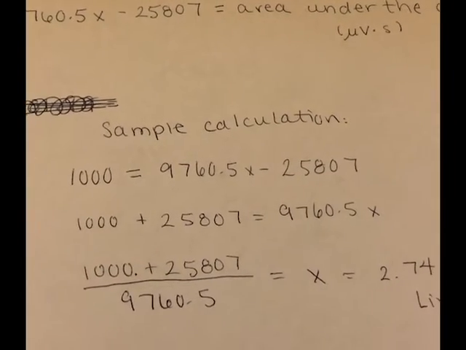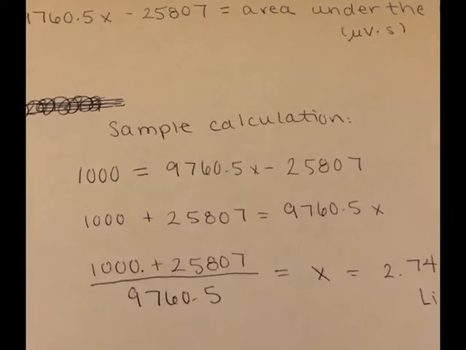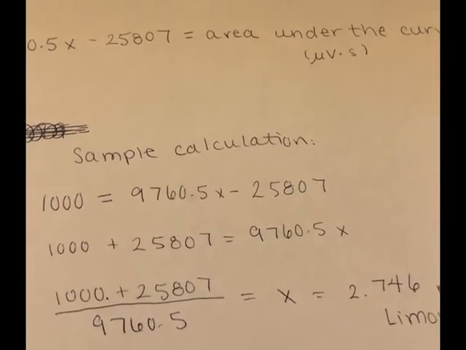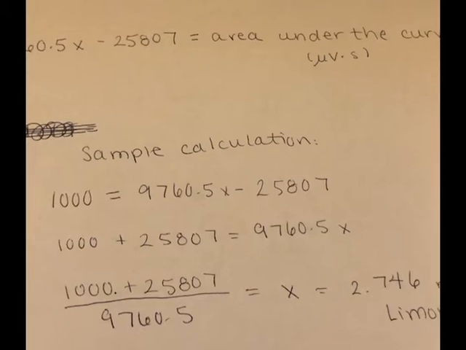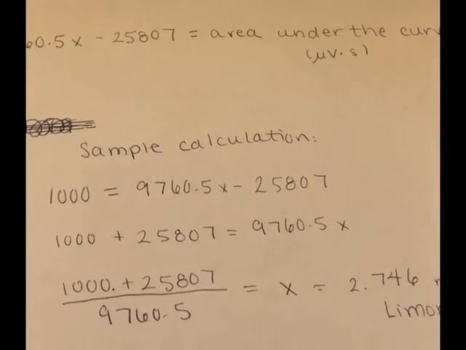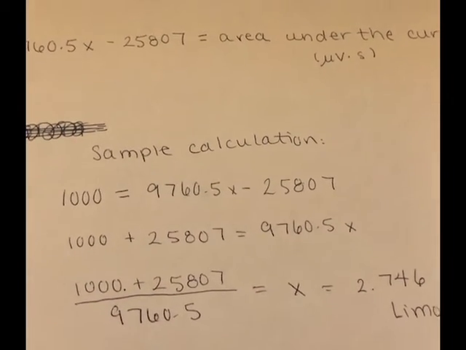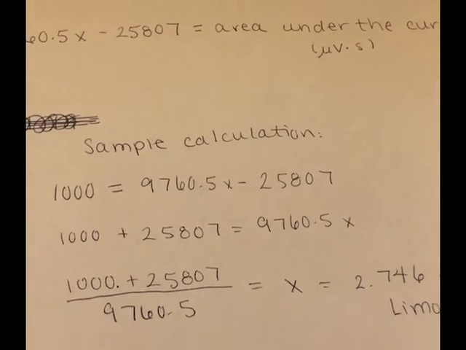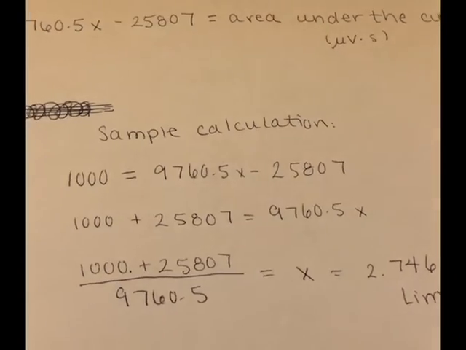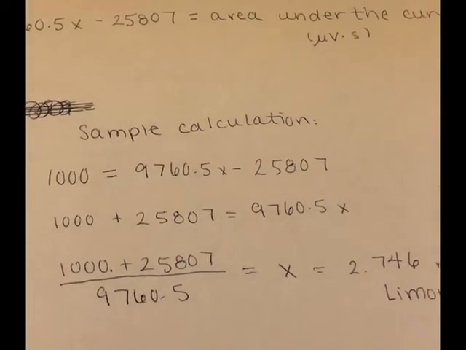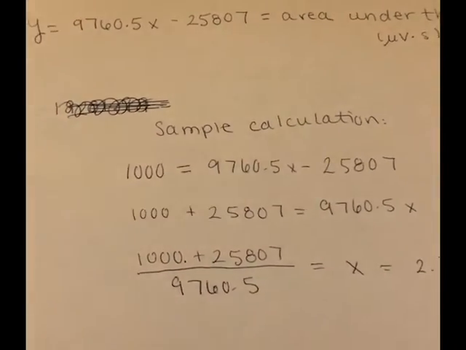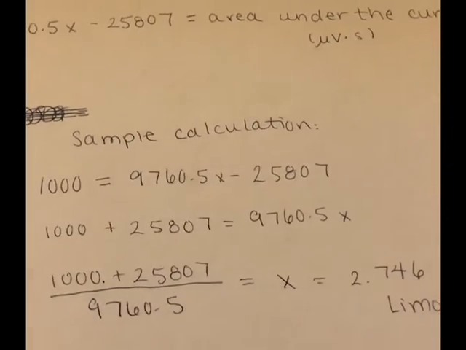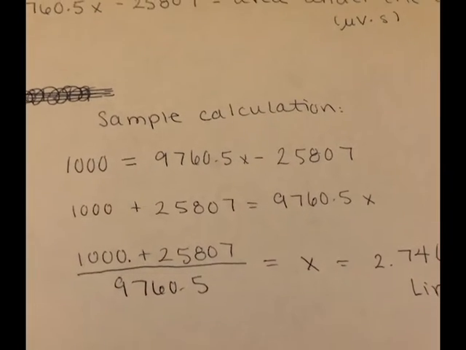Then you're finally dividing 1,000 plus 25,807 by 9,760.5. You will obtain a value for x of 2.746 milligrams per milliliter of limonene. So 1,000 isn't the area under the curve for any of these graphs, but I just wanted to give you guys a sample calculation so you can know what to do for your report.